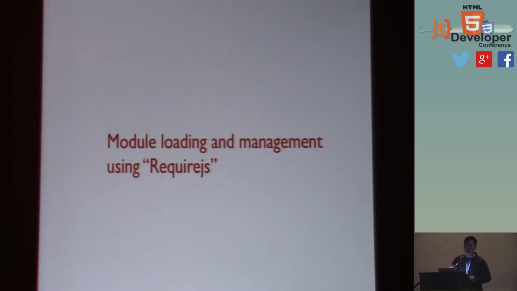But things changed a bit when we moved to the web space because it's not like Java, not like ActionScript, not like those more object-oriented systems. In JavaScript, in the web world, modules and dependencies are a little bit tricky to deal with until we finally got require.js. This is a beauty that solves the problem.